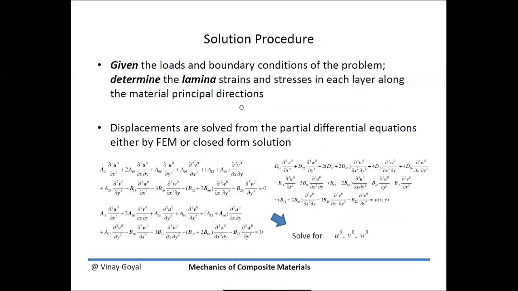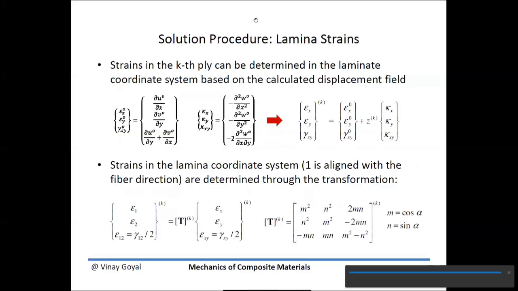And so given the loads applied to an aircraft or a plate or a spacecraft, I will then use these equations over the whole domain and solve these highly complex equations for U, V, and W, but use finite elements to do it. And the idea is then ultimately, once I know U, V, and W, to find out what those strains and stresses are along the material principal directions, because that's where I have data for in terms of what's going to fail. So, what is the solution procedure?